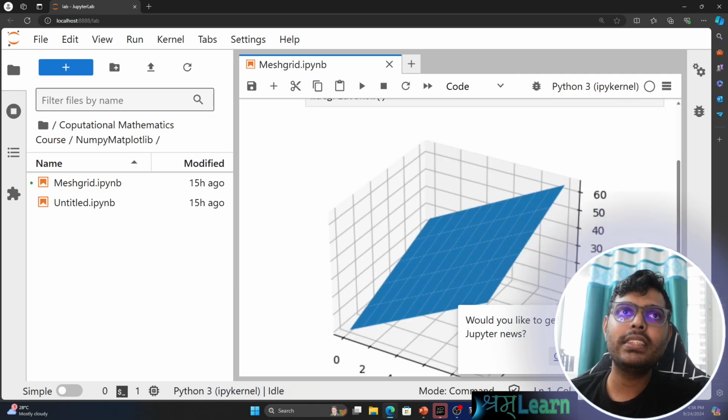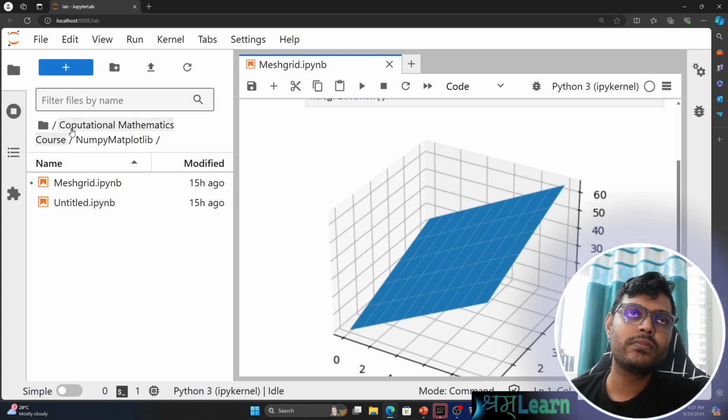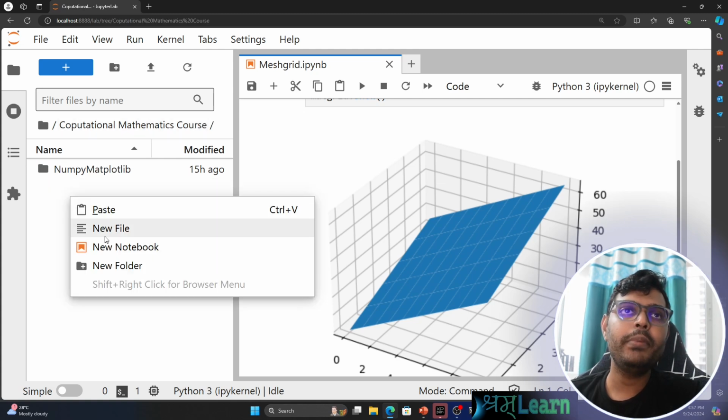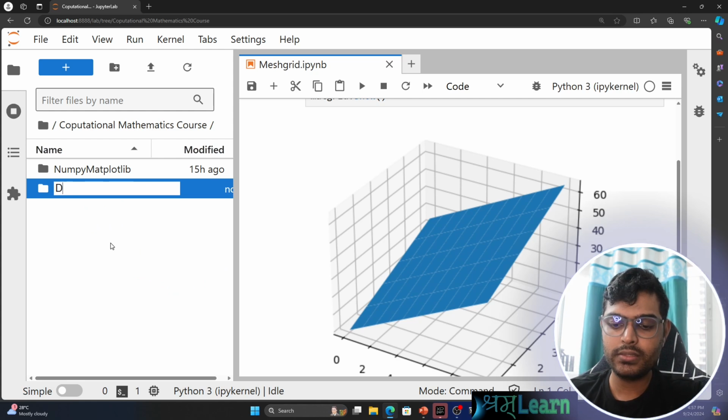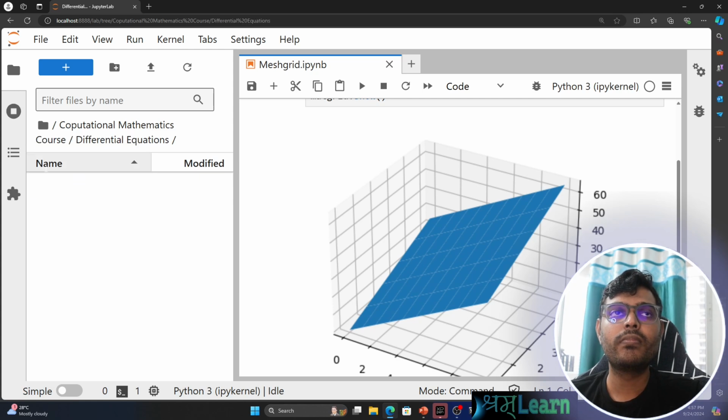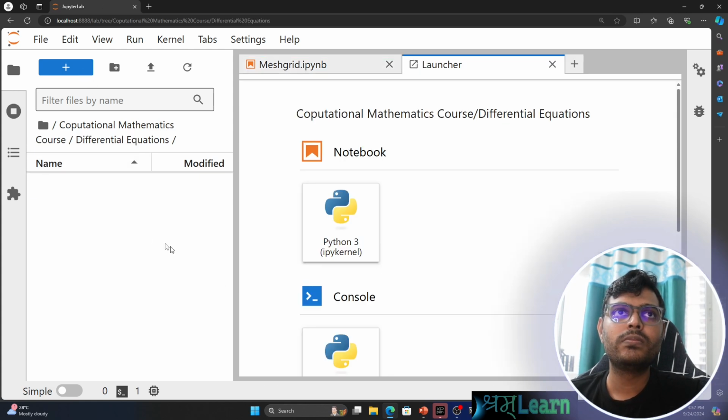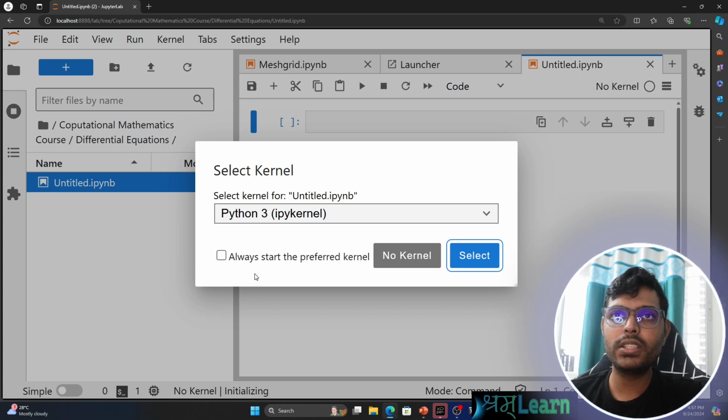So this was the last thing that we have done. Let me make a new folder, which is differential equations, and a new notebook.